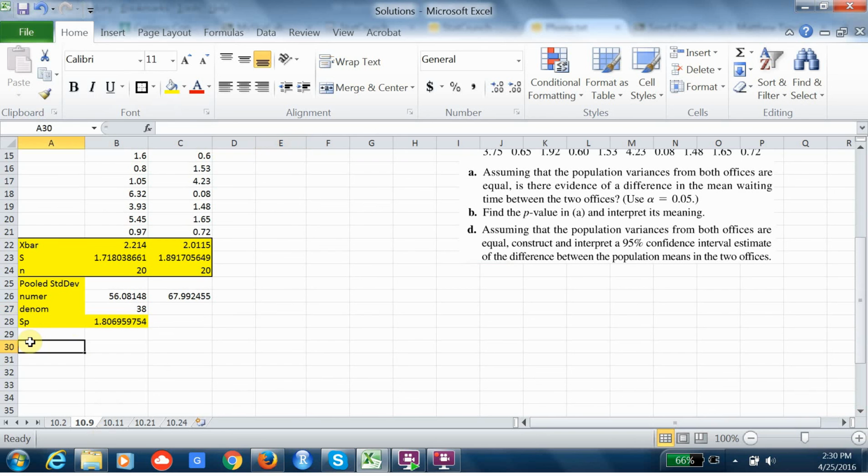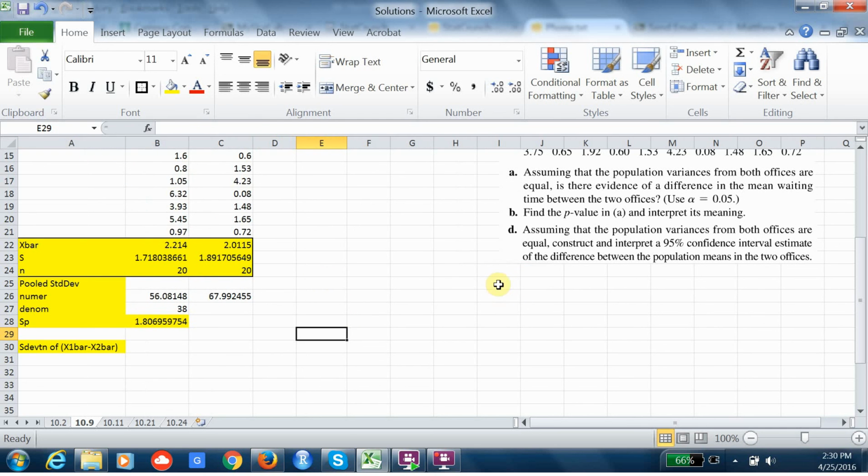If I wanted to, I could compute the standard deviation of the difference. I may just do that really quick. Standard deviation of x1 bar minus x2 bar, because it's going to show up in both the confidence interval and the hypothesis test, so it's just easier.